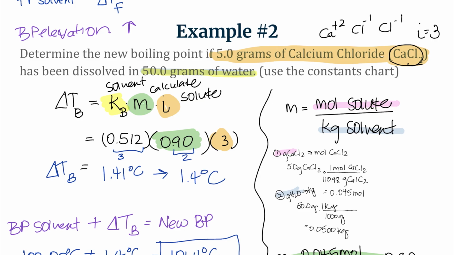So the changes from boiling to melting are just in this final step of adding, if it is a boiling point elevation, or subtracting if it is a freezing point depression, and also in just making sure you're using the correct constants from that table.